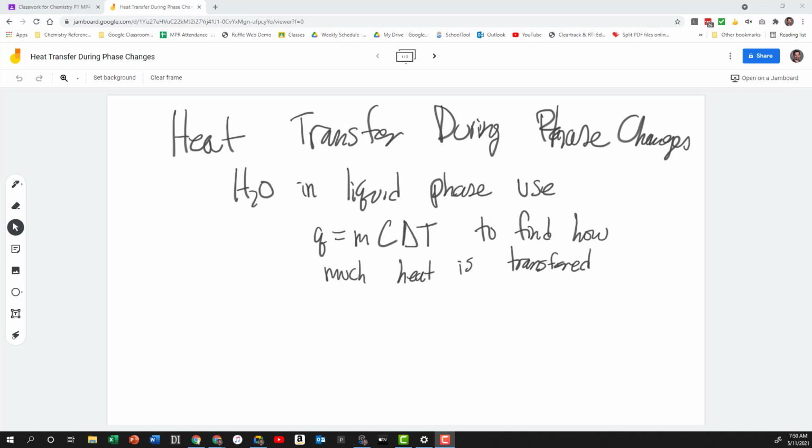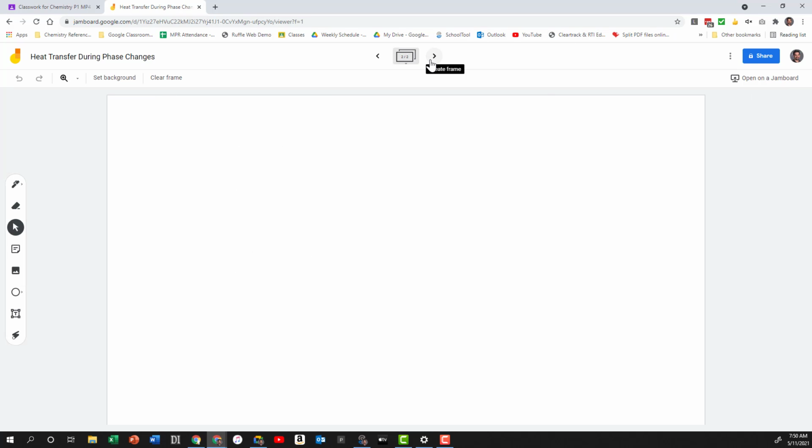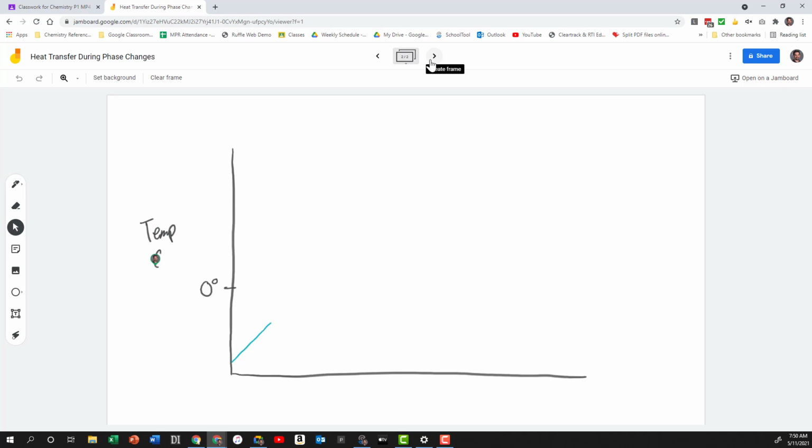Let's look at a phase diagram that we've talked about before, as we slowly heat something up. Let's heat water up. So let's say we have water at a temperature that's below 0 degrees Celsius, and this is time over here on the bottom.